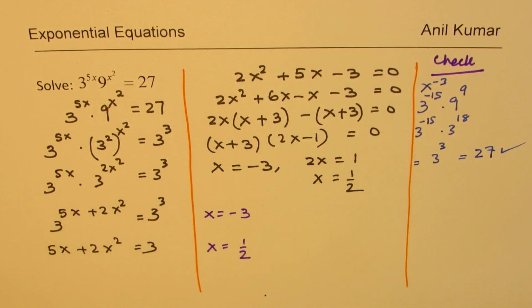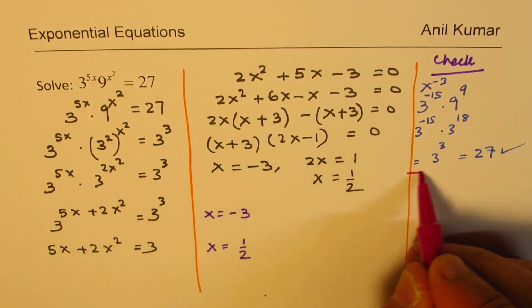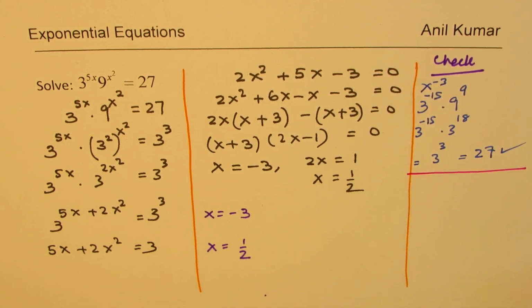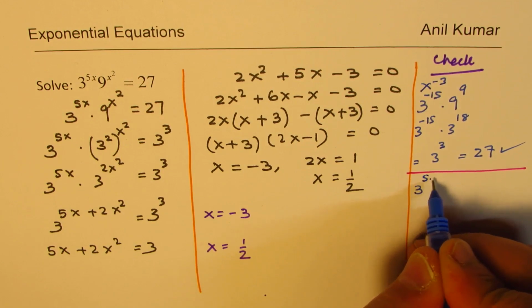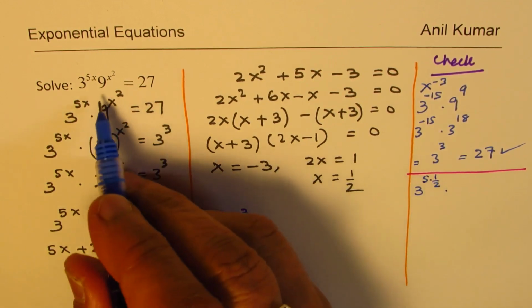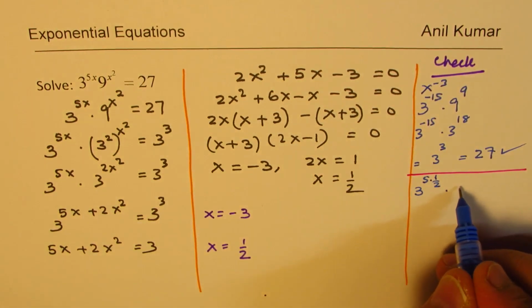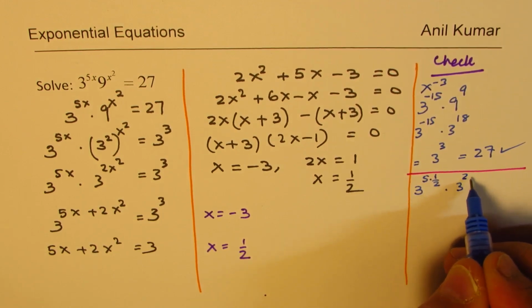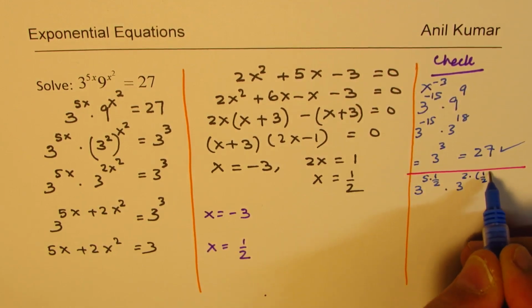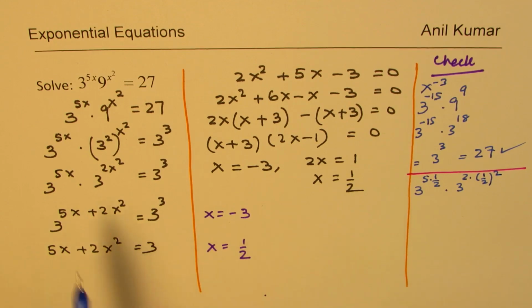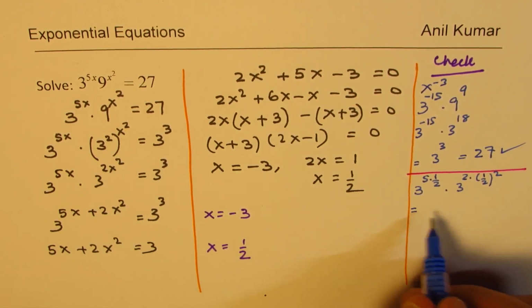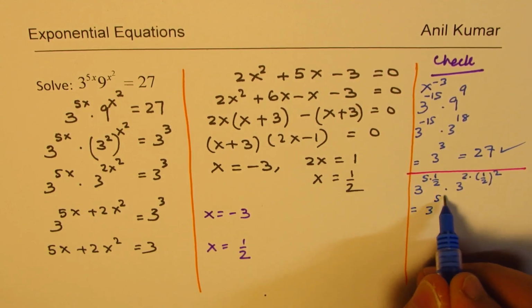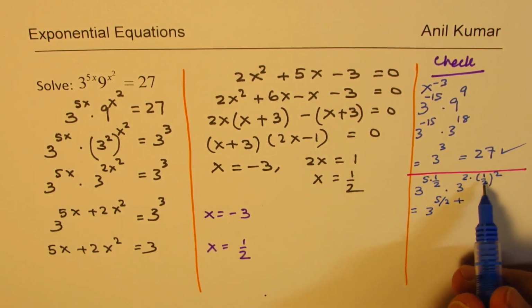So that is correct. Let us also check the other result, which is half. So we get 3 to the power of 5 times half, and here we have 9 squared, so we have 3 to the power of 2 times half squared. Is that clear? Right? So kind of I jumped to this step. So what is that equal to? That means 3 to the power of 5 over 2 plus, here we get what?